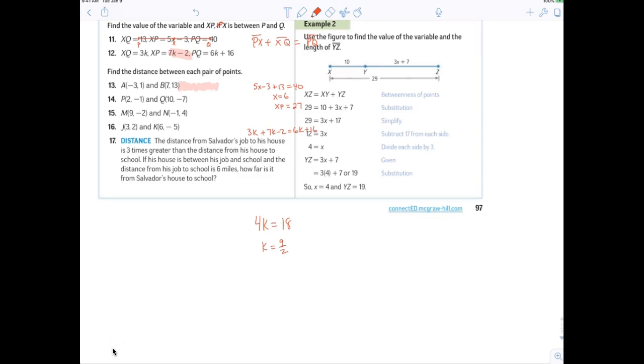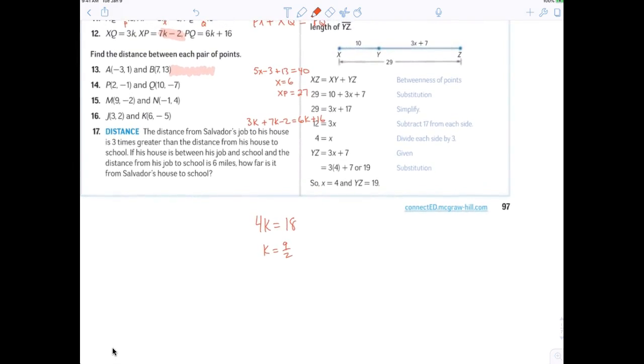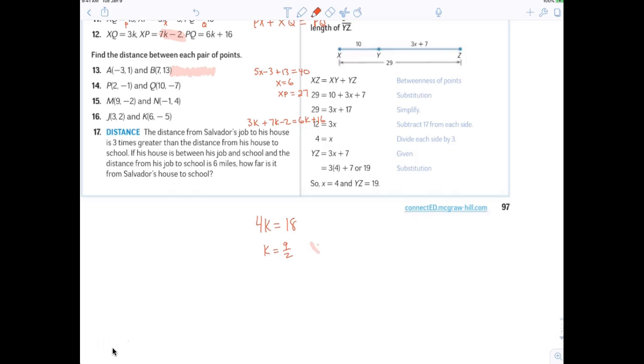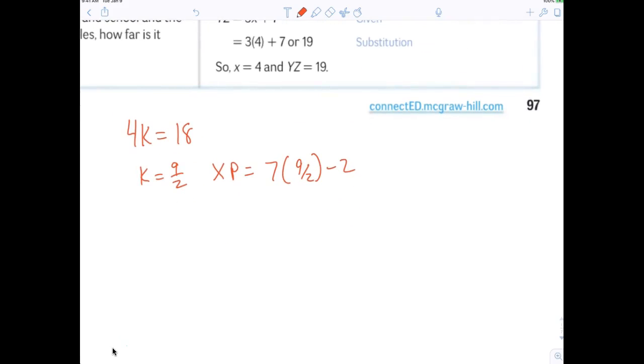So XP is equal to 7 times 9 halves minus 2. 7 times 9 halves is 63 halves, minus 2, which is 4 halves, which is 59 halves.